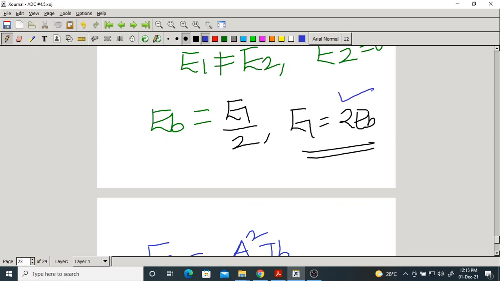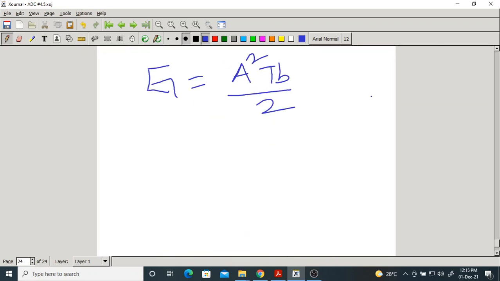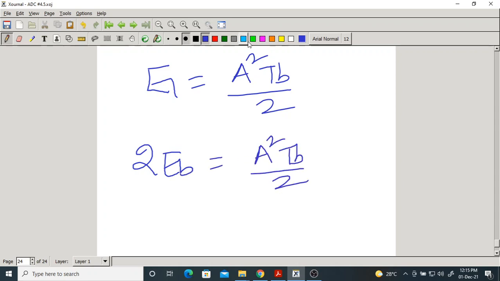But E1 equals 2 EB. So 2EB should be equal to A square TB by 2. So A square TB equals 4EB.